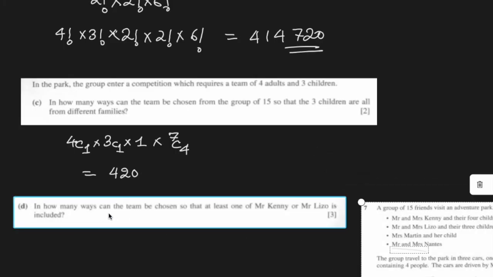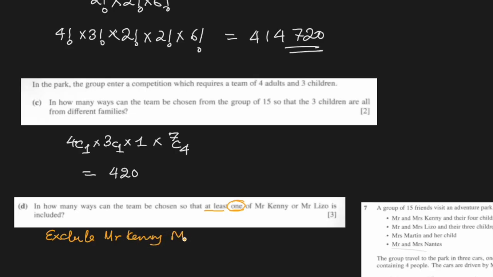In how many ways can the team be chosen so that at least one of Mr. Caie or Mr. Lizzo is included? Whenever you have such a situation of at least one, do the opposite. Don't select them. That means exclude Mr. Caie and Mr. Lizzo.